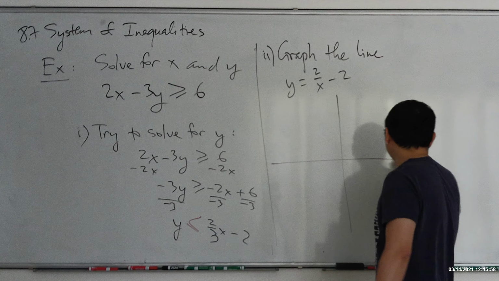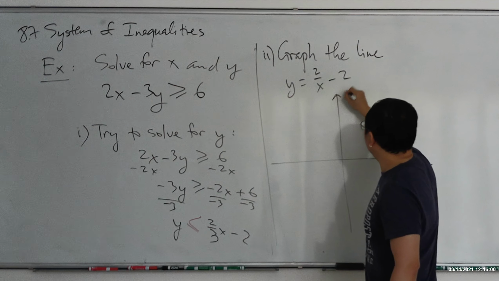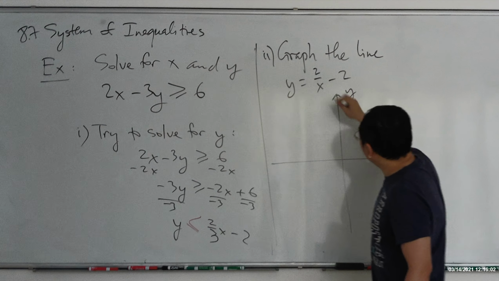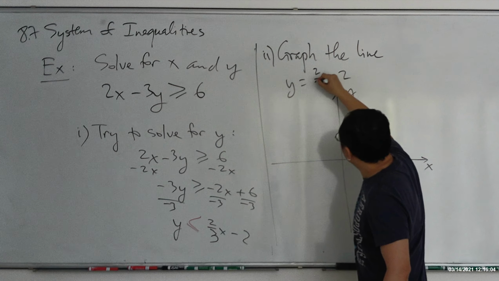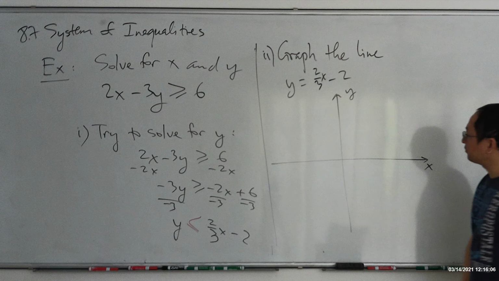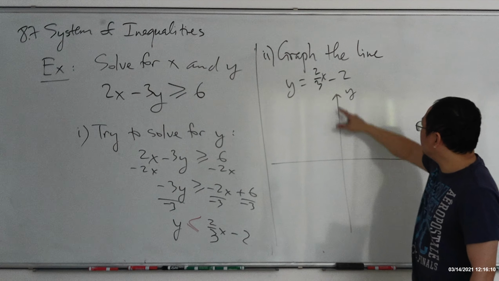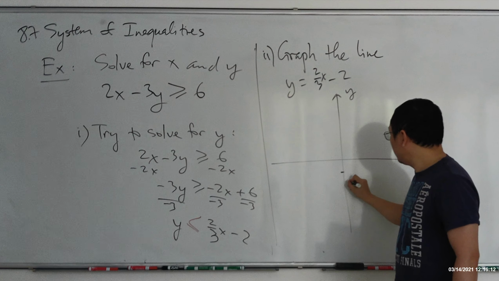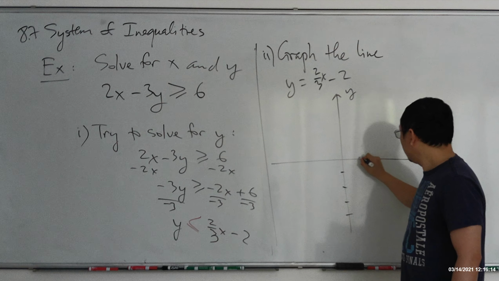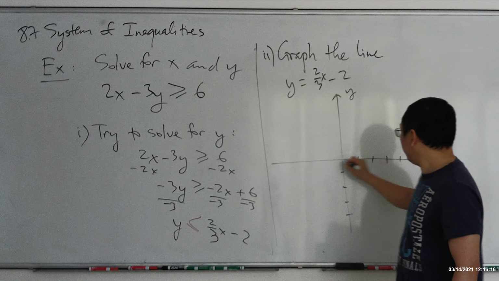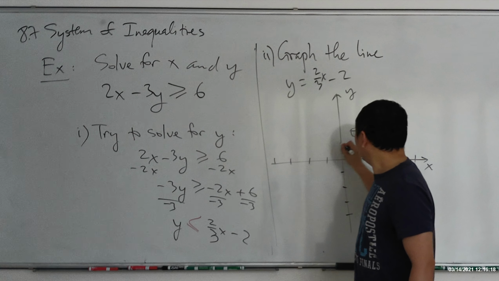Now let me try to graph the line for you. X-axis right here, y-axis. Plug in some points. The y-intercept is at negative 2.